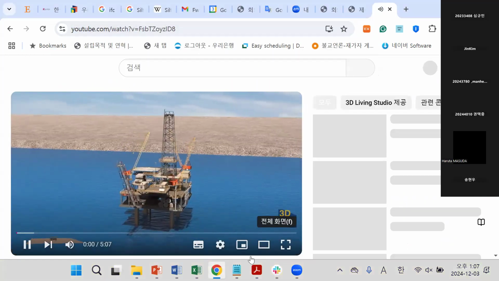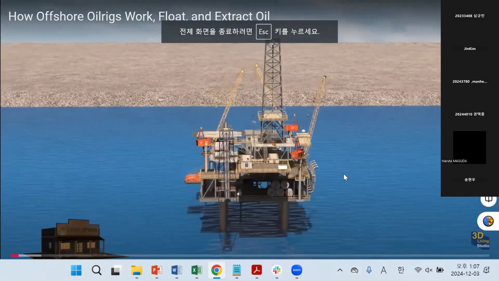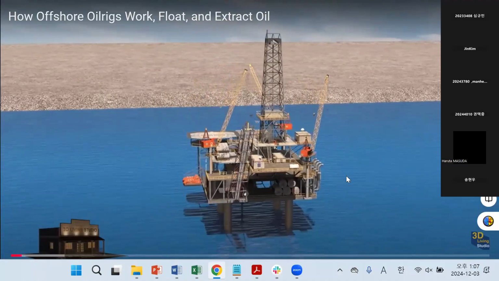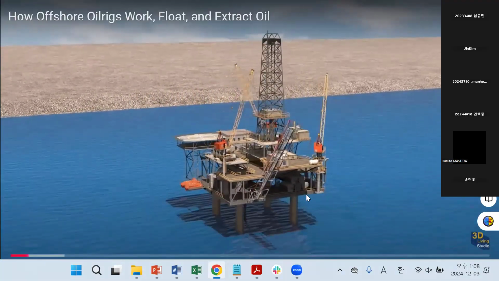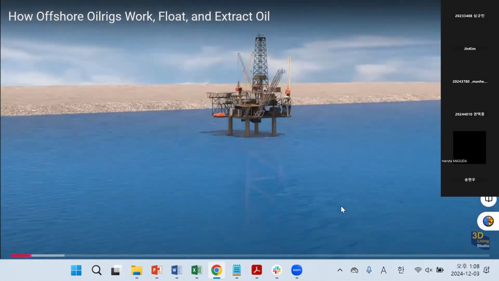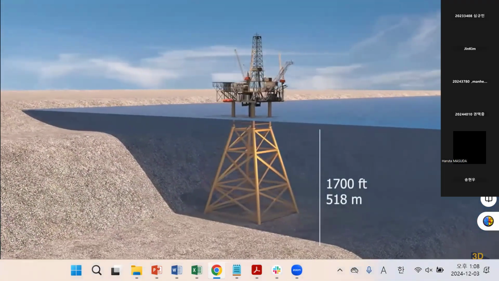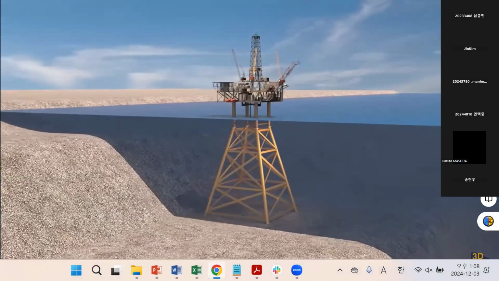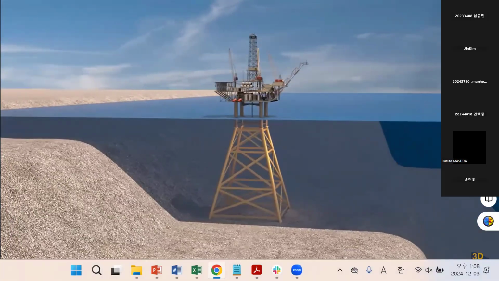An offshore oil rig or offshore platform is a large structure that is used to extract oil or natural gas in the rock beneath the seabed. In deep water up to 1700 feet, a fixed platform will be used. The platform is held in place by large steel or concrete legs that attach to the ocean floor.